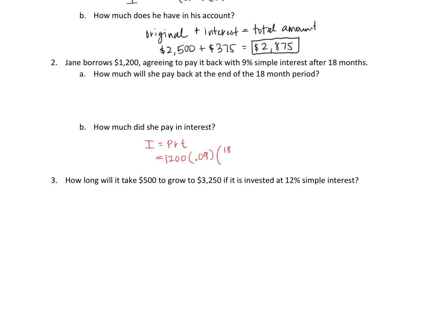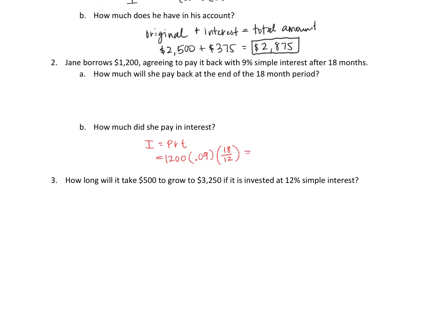You always can just put the months over 12 because there are 12 months in a year. And if you do that every time, you don't have to worry about the decimal. Like this one's pretty easy because 18 divided by 12 is 1.5, but it could be 1/12 or 5/12 or something that's not as easy to maybe convert to a decimal. So just put it as a fraction and type it in your calculator.